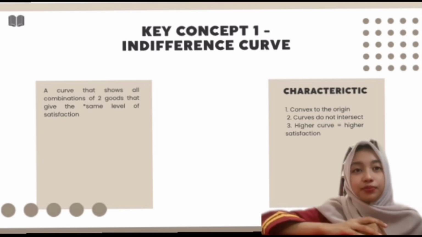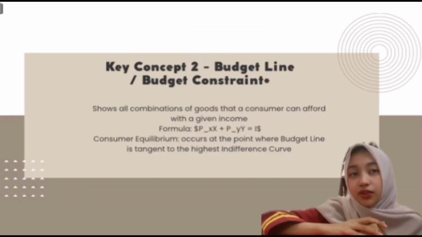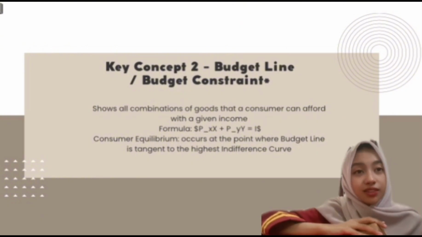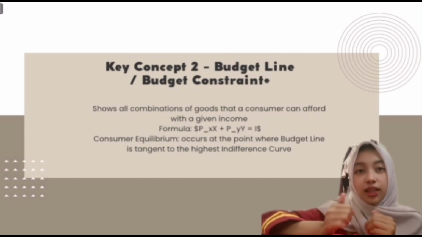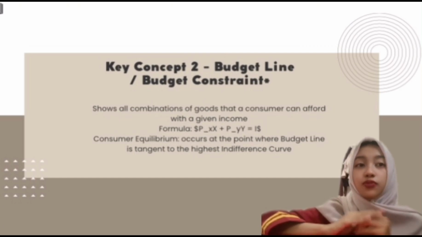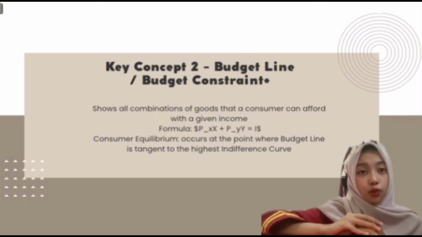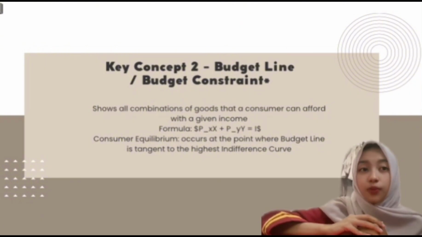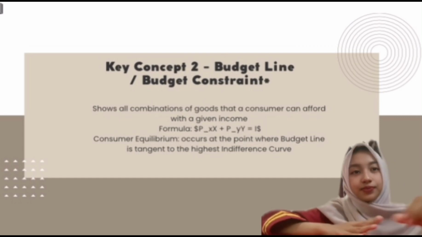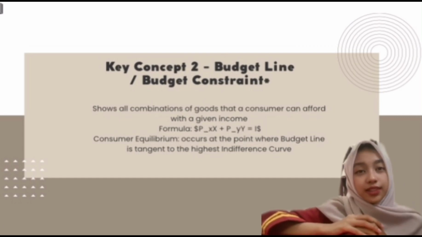Next, budget line. The second key concept is the budget line, also called budget constraint. The line shows the combinations of two goods that a consumer can afford with their current income and prices. Now, the most important part, consumer equilibrium.